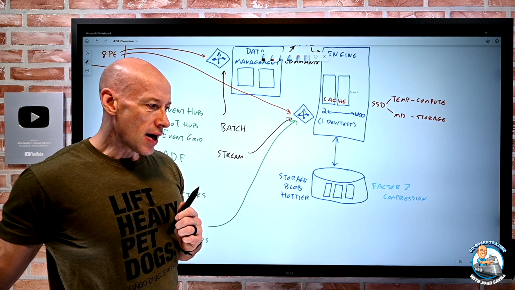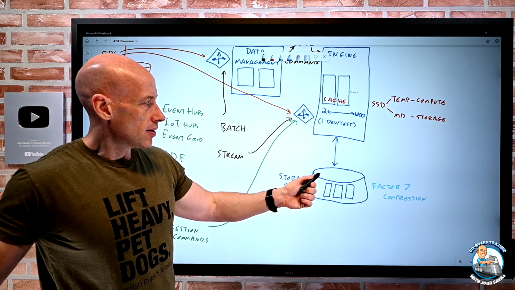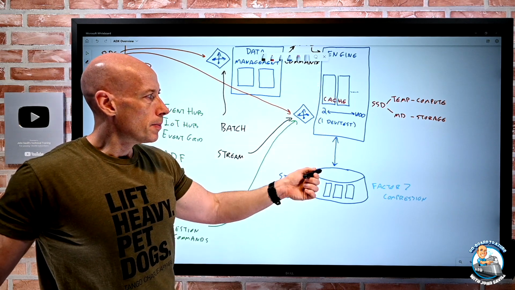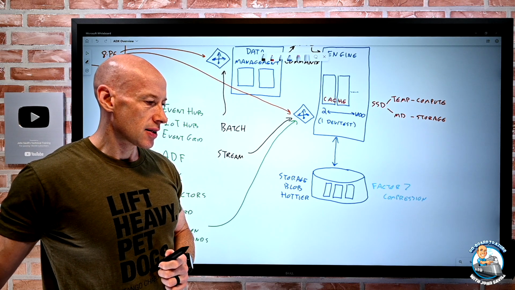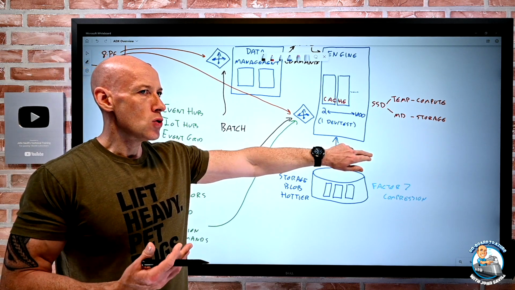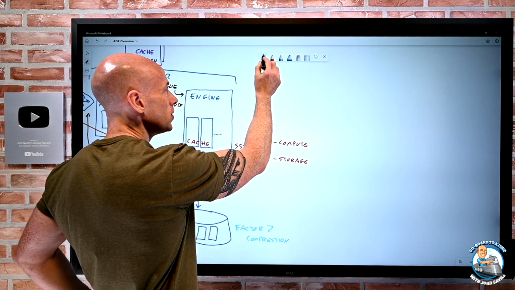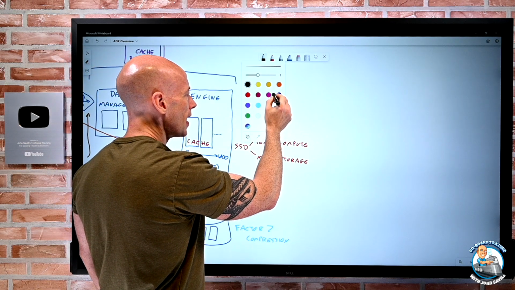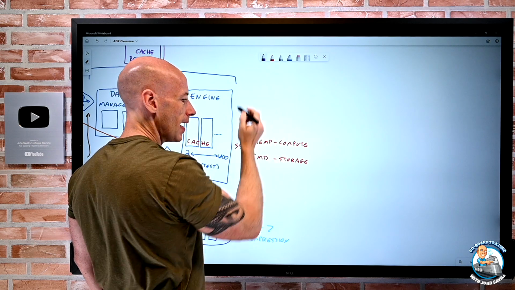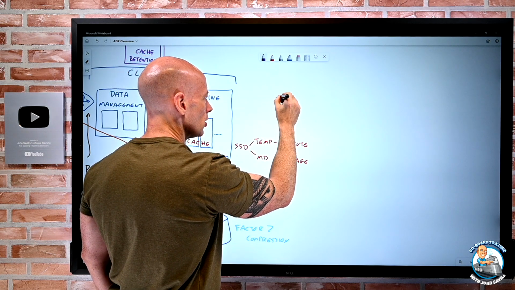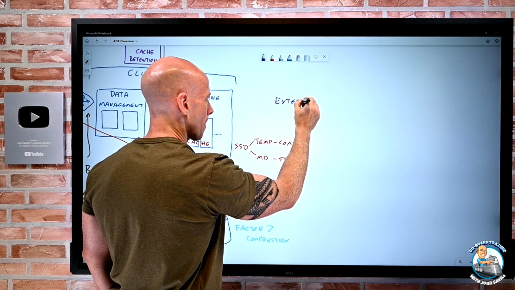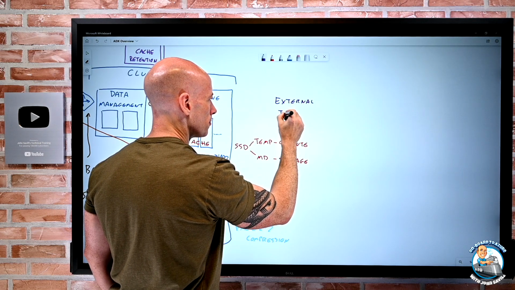Now there might be times that I have data not within my ADX instance, but I still want to use it as part of a query. So one of the things I can do here is I can absolutely have the idea of external tables.